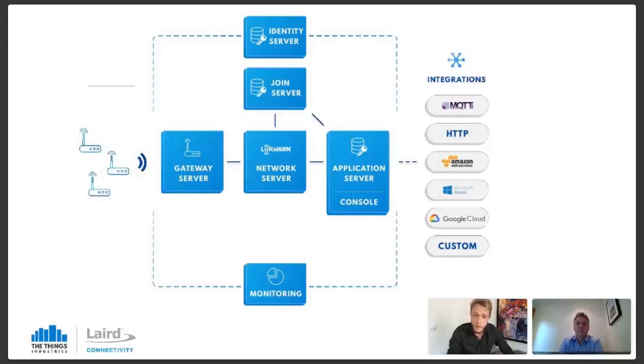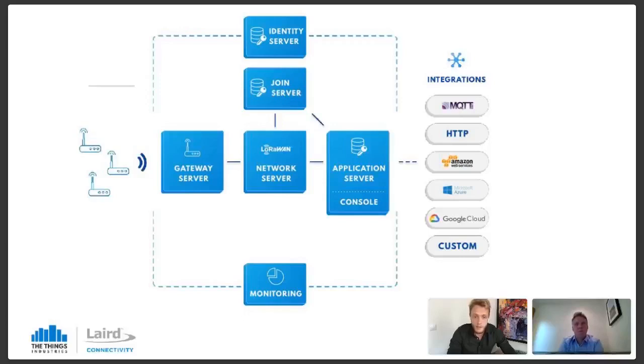The identity server contains the registry of gateways, users, applications, so which organization has rights to which applications and gateways. So it's user login. We also support, for our enterprise customers, single sign-on with their OpenID systems.